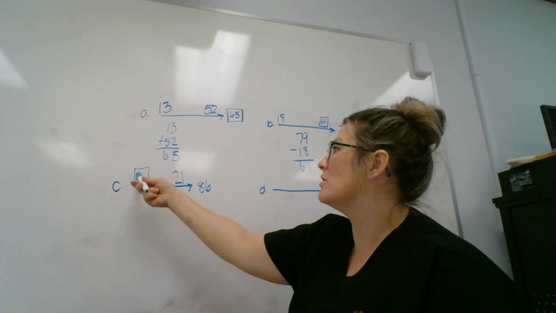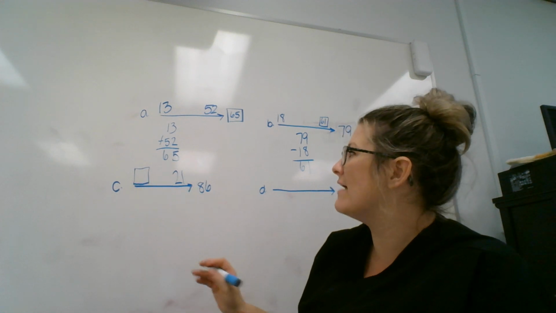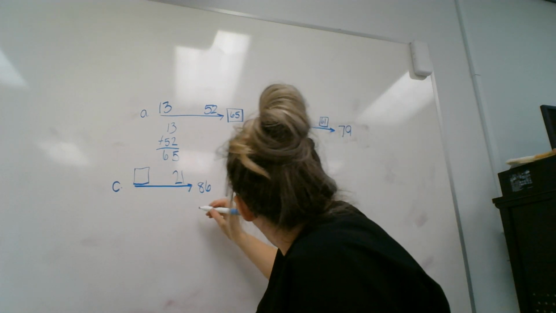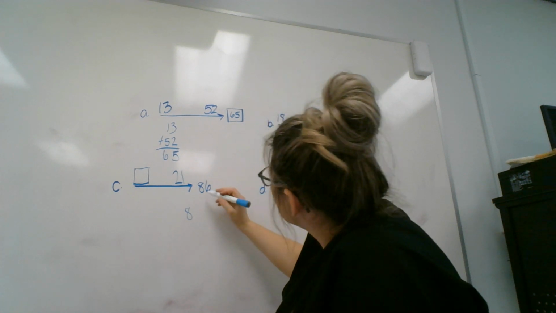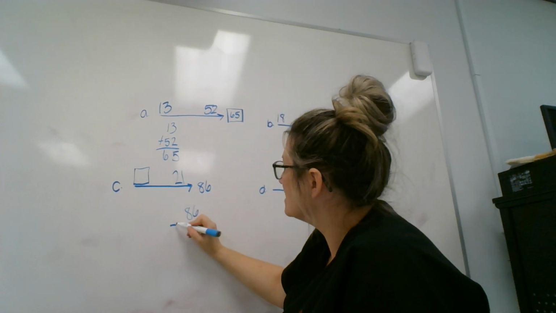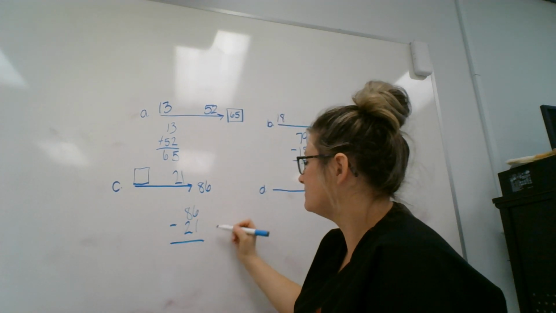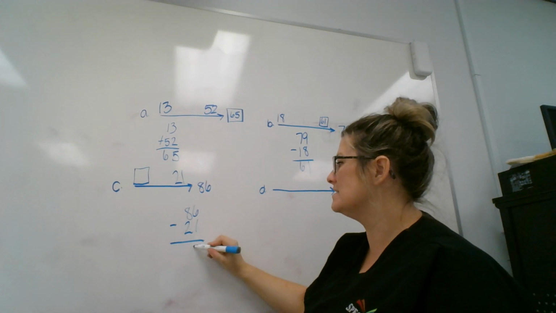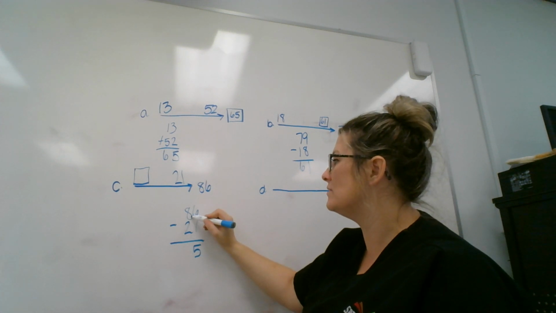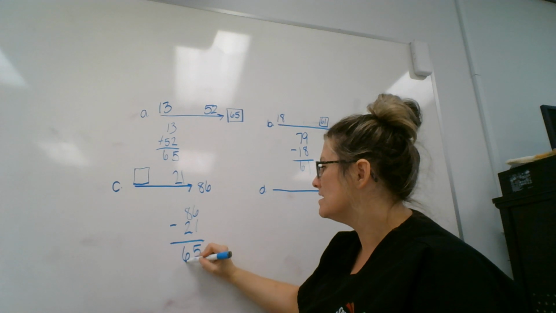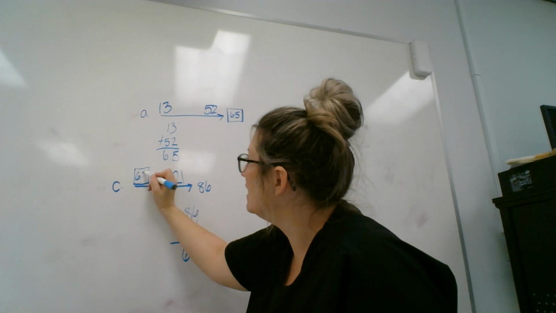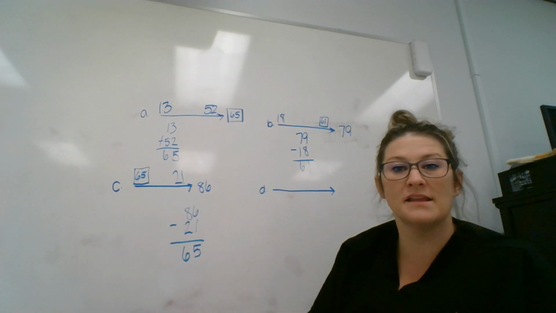So I'm missing a small number. If I'm missing a small number, I have to subtract. Starting with my big number, 86 minus 21. 6 minus 1 is 5. 8 minus 2, 8, 7, 6. 65 is my first small number that I'm missing there.